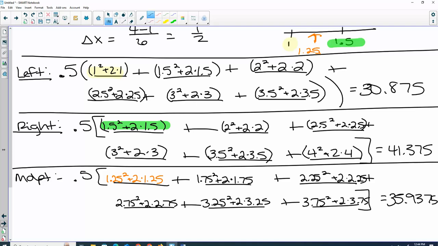So the difference on these is really just your first point. And then you're plugging those into your equations to get your y's.